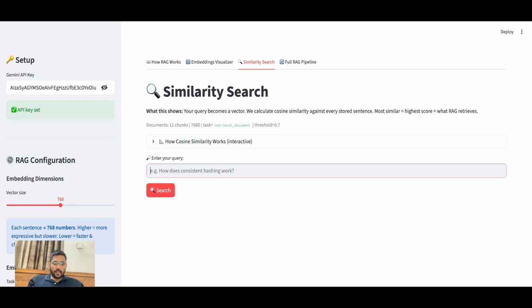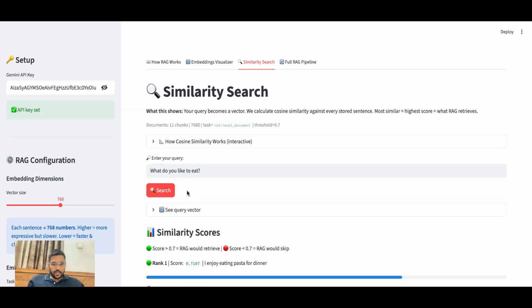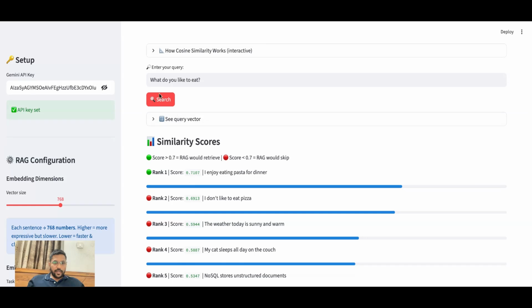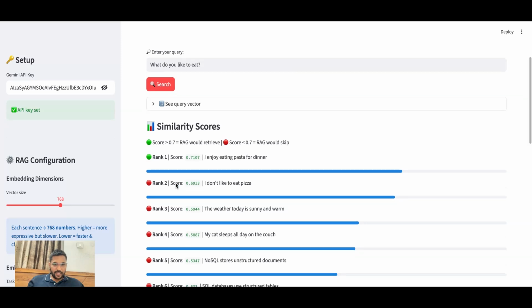Now I'll ask a question: "What do you like to eat?" So this is my question I'm sending. Based on our cosine similarity, it has generated the scores. By the score, rank 1 goes to "I enjoy eating pasta for dinner."